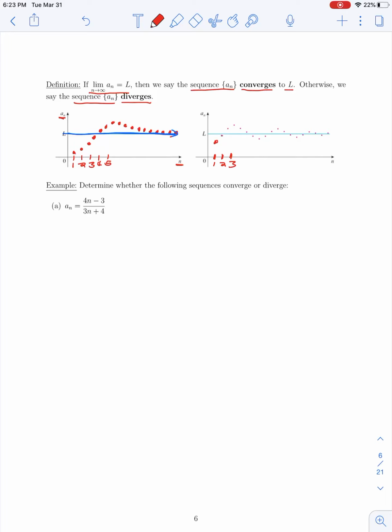Now, another example of the type of convergence we might see, if we are listing our terms for n equals 1, 2, 3, and so on, would be the following.